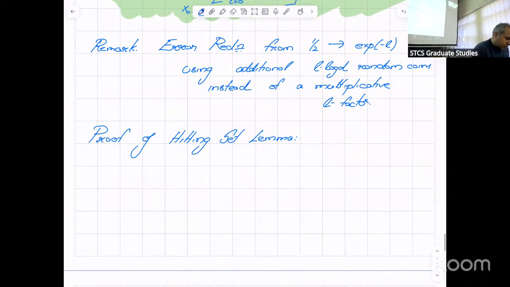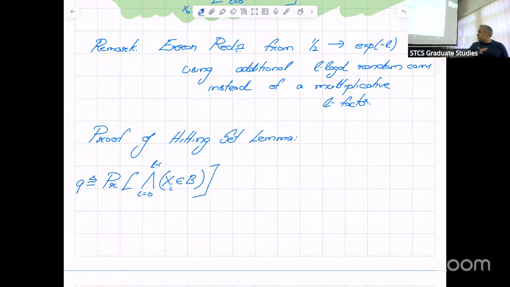We want to bound this probability. So for now let's define this probability to be Q, which is the probability that x_i belongs to B for i going from 0 to L minus 1. Let's just write this down fully. We know exactly what it is. We're going to take an L step walk. So let's assume the vertices are U0, U1, U2 up to UL minus 1.